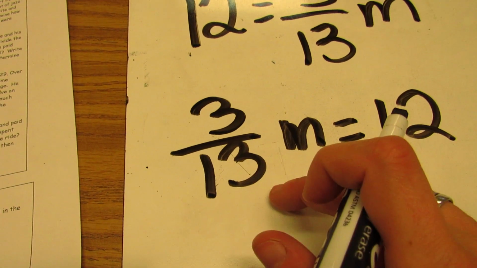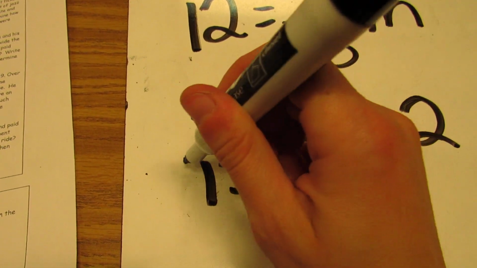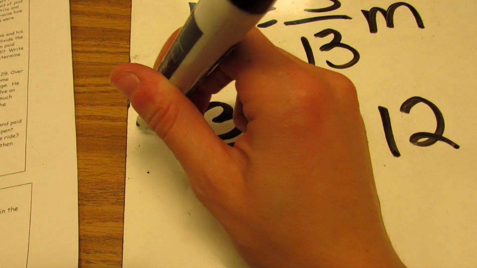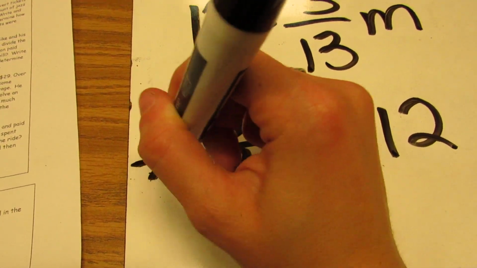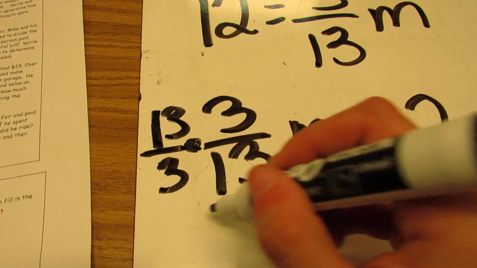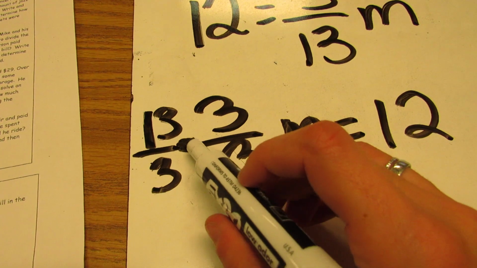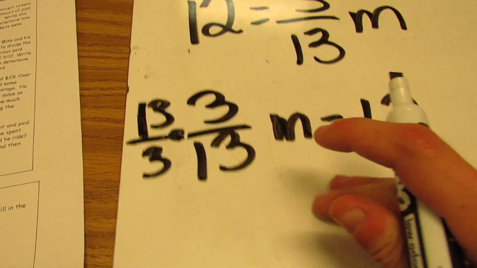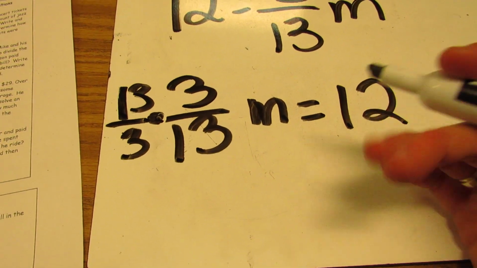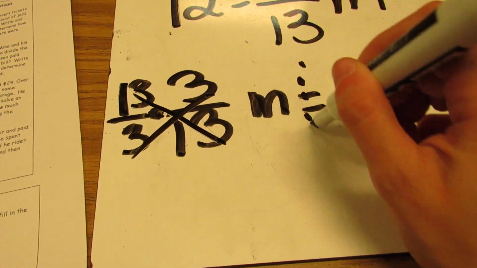I can go ahead and multiply as well by my reciprocal. Now, I understand that the inverse operation would be division, but if I divide by 3 over 13, that's the same thing as multiplying by 13 over 3. Okay, that's keep, change, flip if you guys remember. So 13 cancels out and so does 3, meaning I'm left with m.